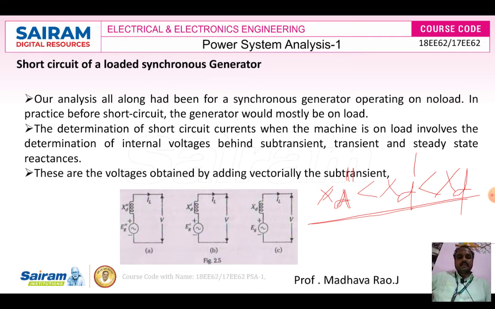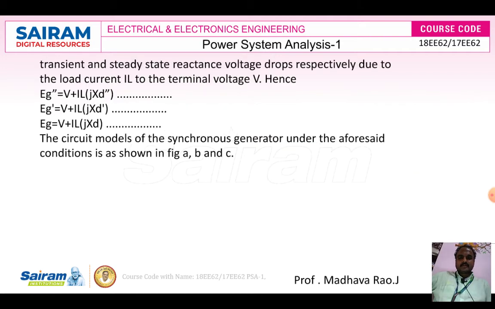Next we will see the voltages of the different regions: subtransient, transient and steady state. The subtransient, transient and steady state reactance voltage drops are due to the load current IL. The terminal voltage is V. Hence Eg double dash is equal to V plus IL j Xd double dash, Eg dash is equal to V plus IL j Xd dash, and Eg is equal to V plus IL j Xd.